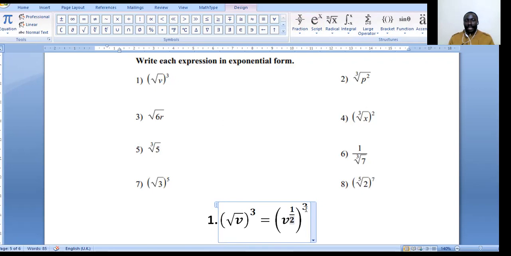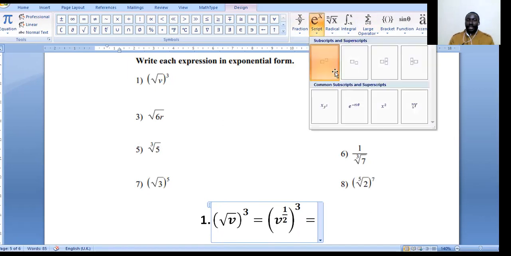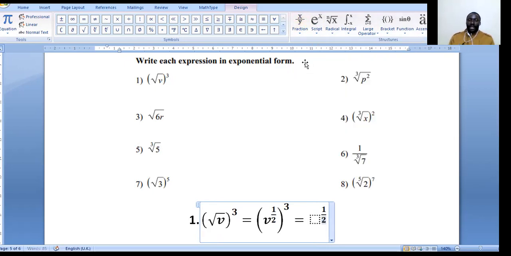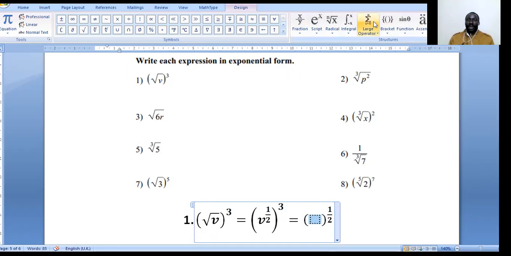It's better to bring the 3 inside and to take the half outside. So that would mean we still have the exponent. We want to bring half outside. So the exponent outside is going to be 1 divided by 2. Then inside, we have a bracket, and inside the bracket we now have v cubed.